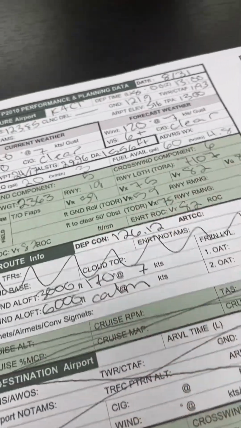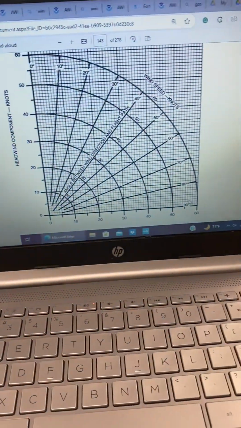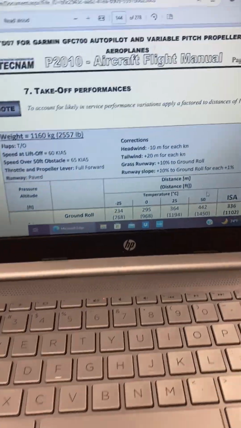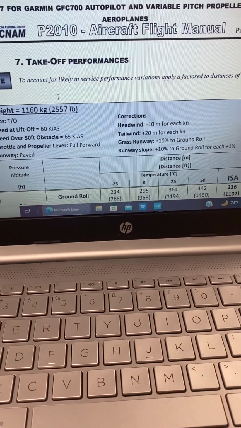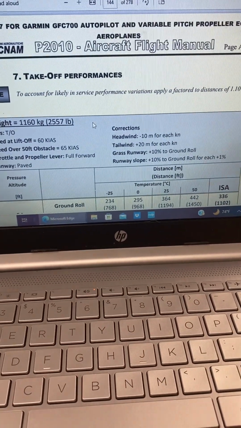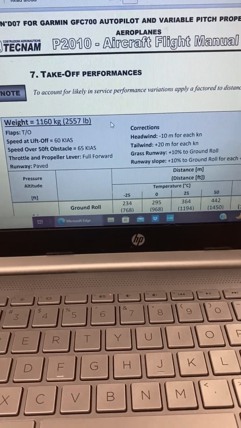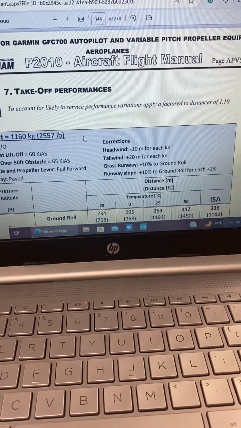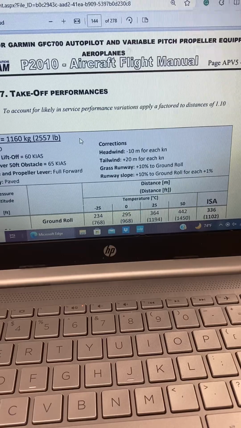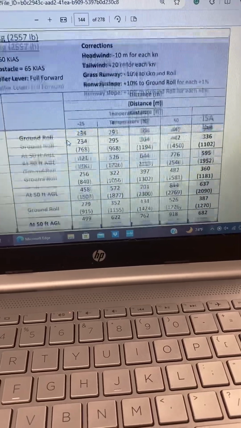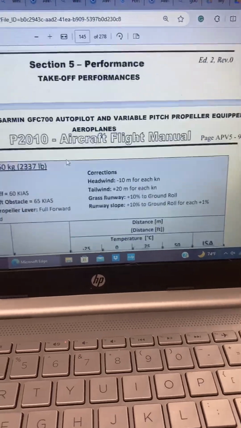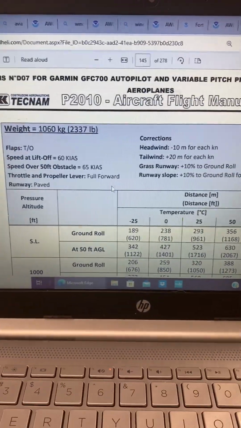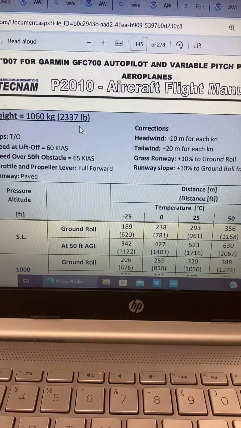So now we're gonna go to our short field, okay? Go down here a little bit. Takeoff performances, right? So we determined that we are closer to this weight right here, right? So we're gonna go ahead and use this weight for 2557. We ended up being around 2,400 pounds. And the next one, oh, actually, this one is more accurate. So we can see that it says 2,300 pounds.